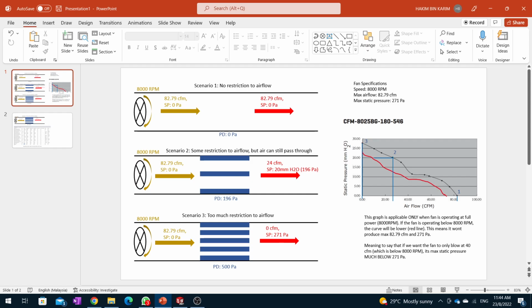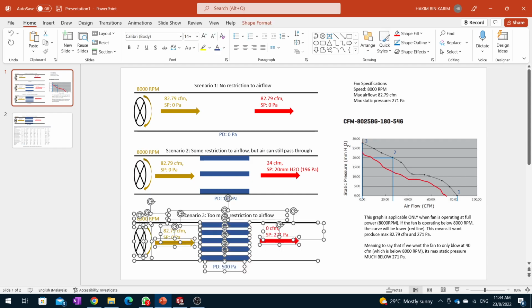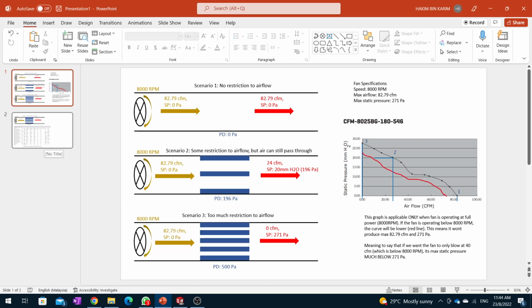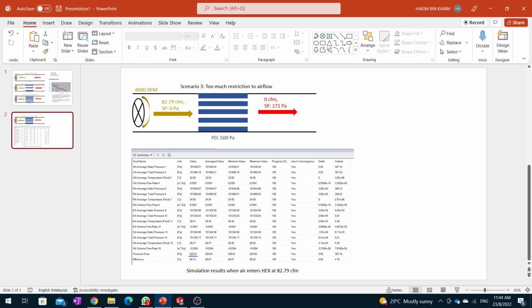And yes, this is our real problem with our design right now, because I did a simulation. The simulation is that the air entering the heat exchanger, which means the inlet volume flow, is outdoor air, which is 82.79 CFM or 0.0391 meter cube per second.